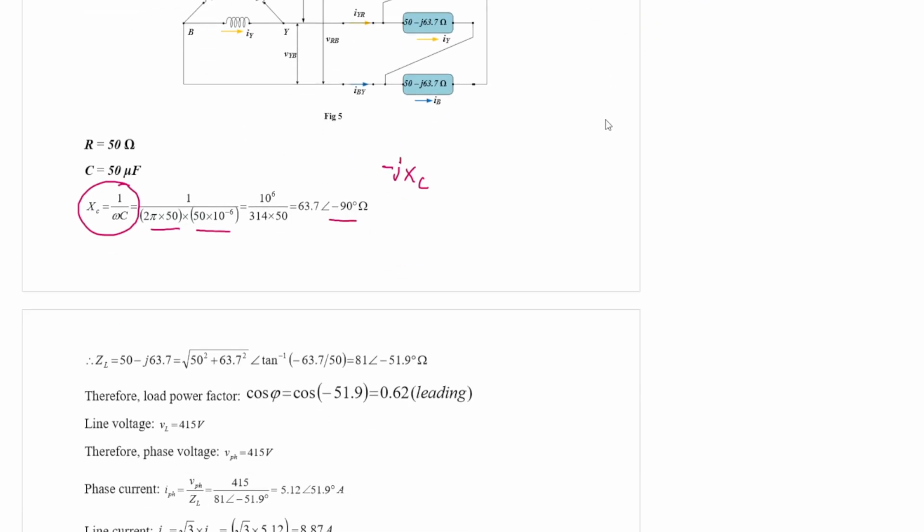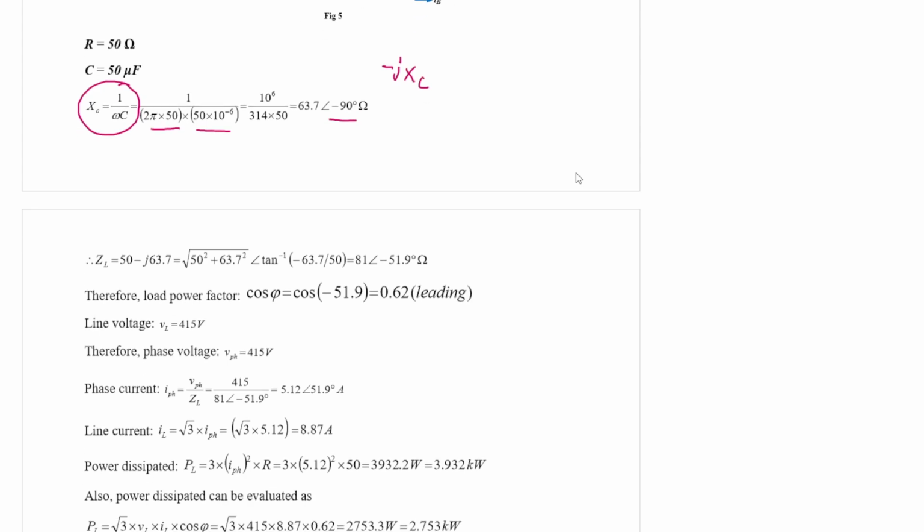In a similar fashion we can evaluate the load impedance. The magnitude becomes root under 50 square plus 63.7 square, which is equal to 81 ohm, and the angle becomes tan inverse of minus 63.7 by 50, which is minus 51.9 degree.